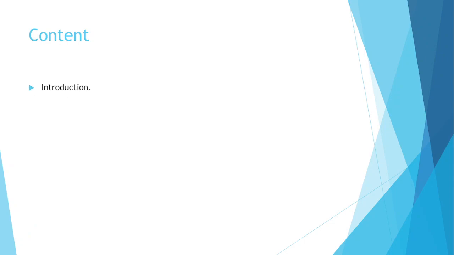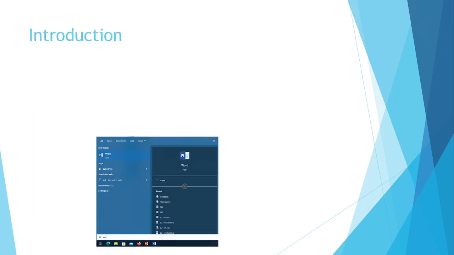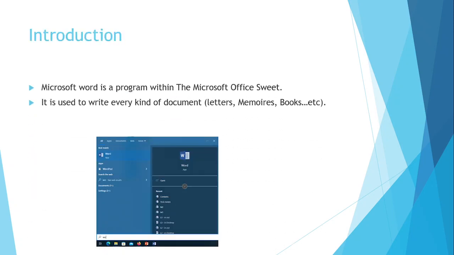First, we got the content of this presentation. We start by an introduction, then we go on to some generalities about Microsoft Word, the File tab, the Insert tab, the Layout tab, and the References tab. Introduction.